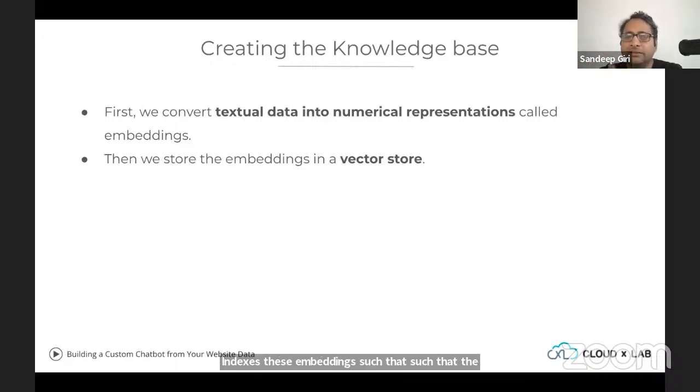It creates groups, and subgroups and subgroups of these embeddings, such that the things that are similar come together. So a vector store creates a tree of these groups, so that you can find things quickly.